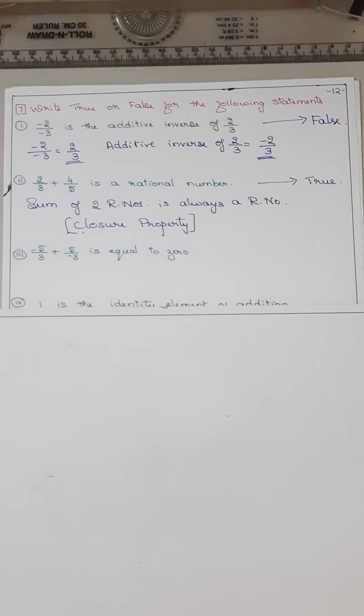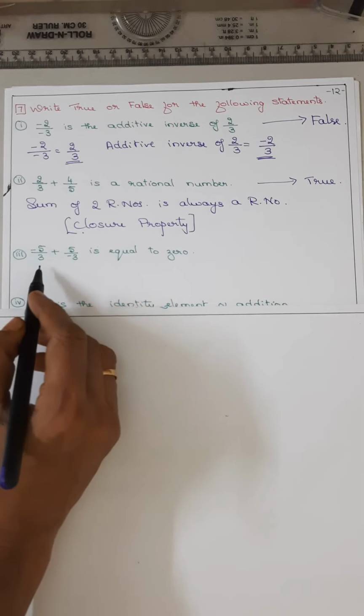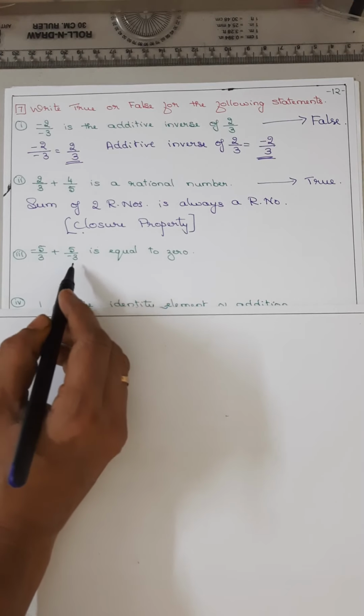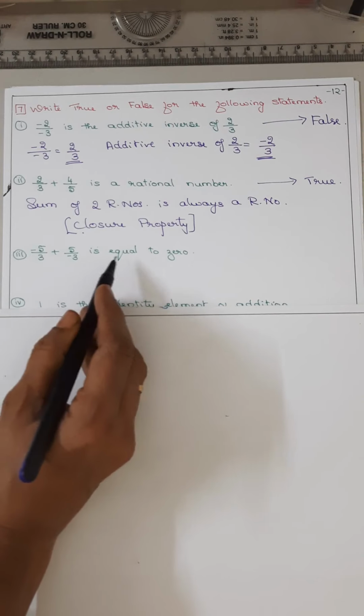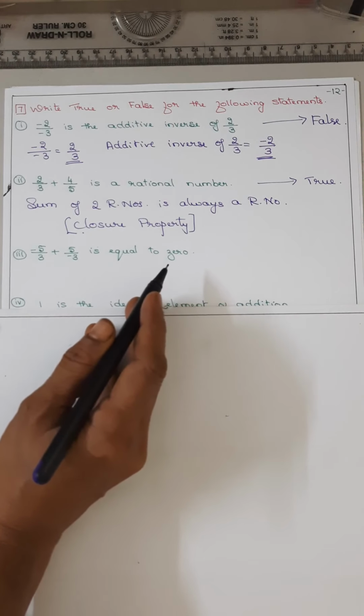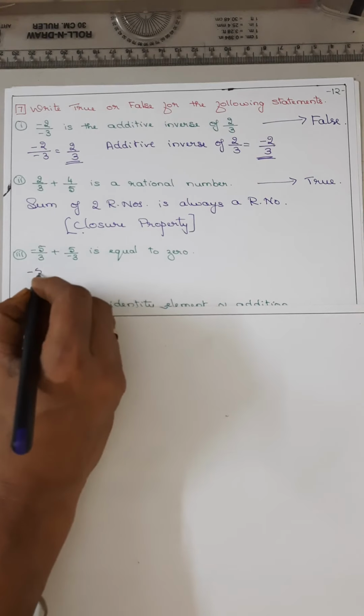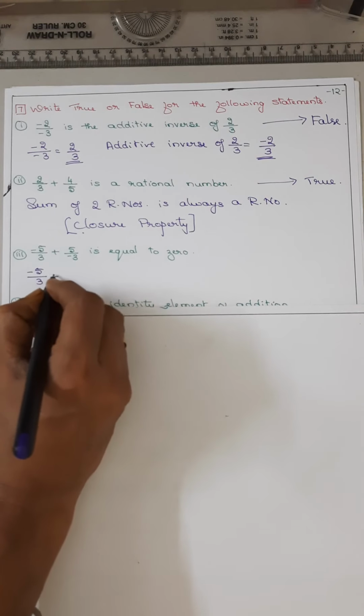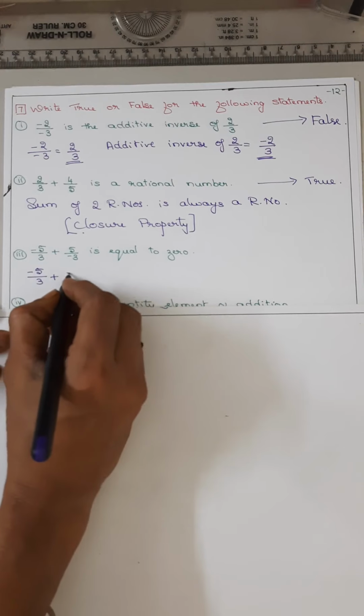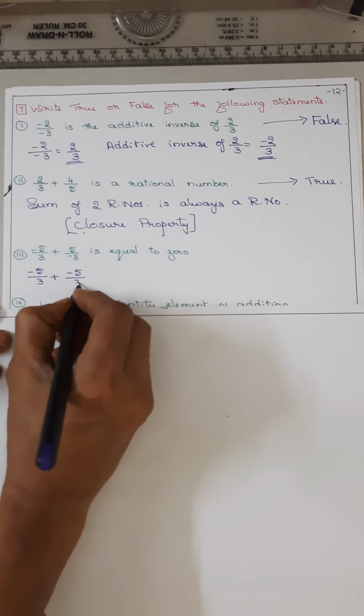Okay. Now coming to the third subdivision, minus 5 by 3 plus 5 by minus 3 is equal to 0. No, it is false. Why? Minus 5 by 3 plus this becomes minus 5 by 3.